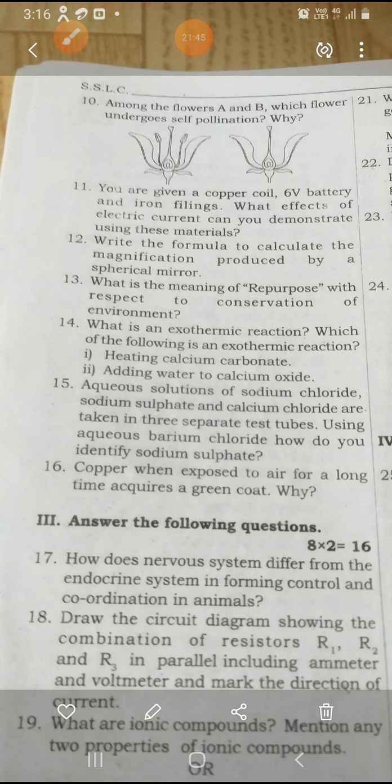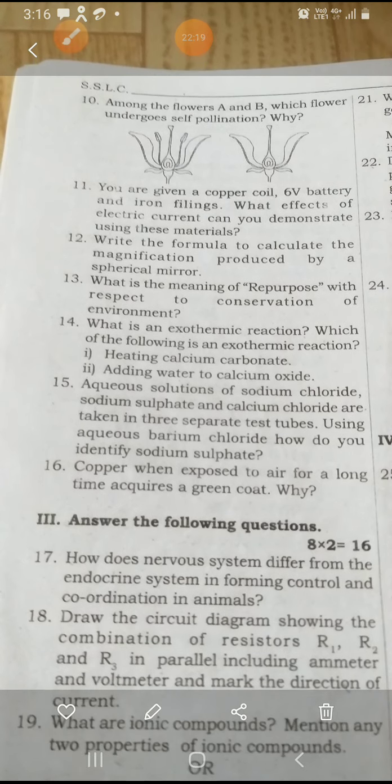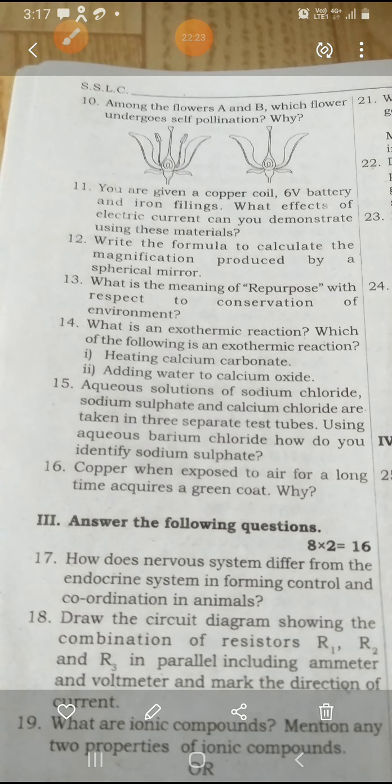Let's try to give a small example. Suppose you take a comb and rub it on your hair, and take small pieces of paper. When you bring the comb near them, the paper gets attracted towards the comb. Earlier, in our childhood, we used to play that. I don't know, you people are busy with mobiles, but we used to play that in our childhood.